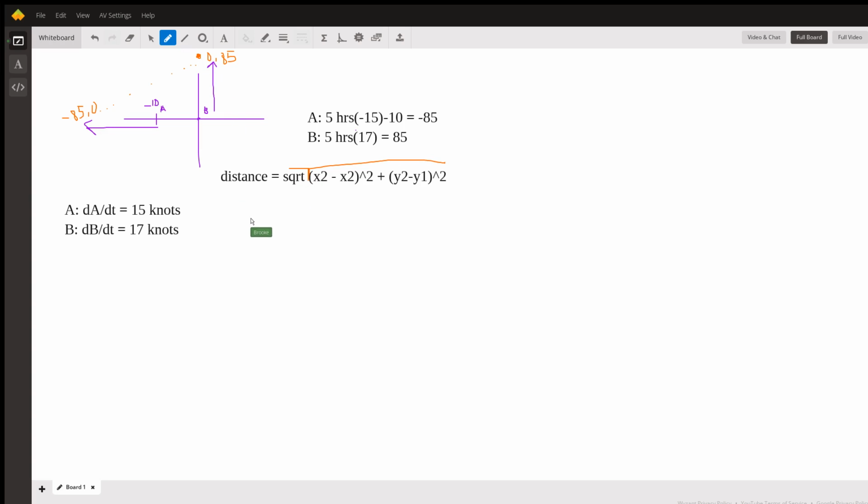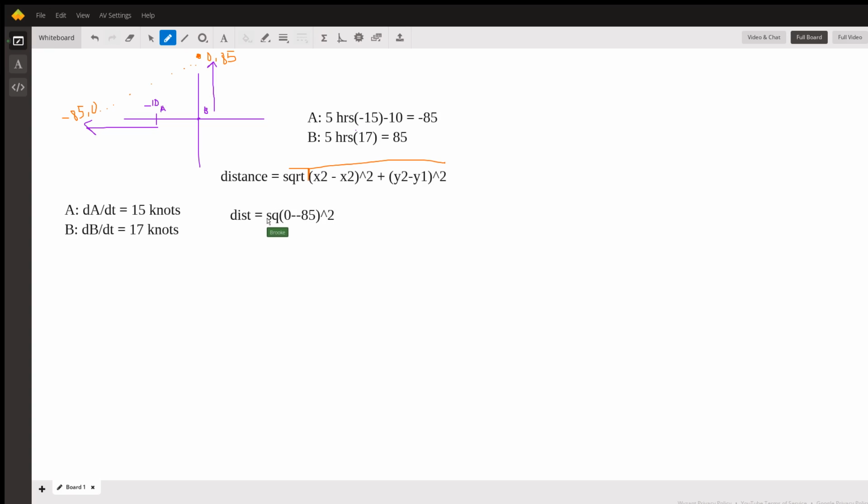So then once I plug everything in, my distance is equal to the square root of 0 minus -85, and then that's going to get squared, so this is going to become a plus.